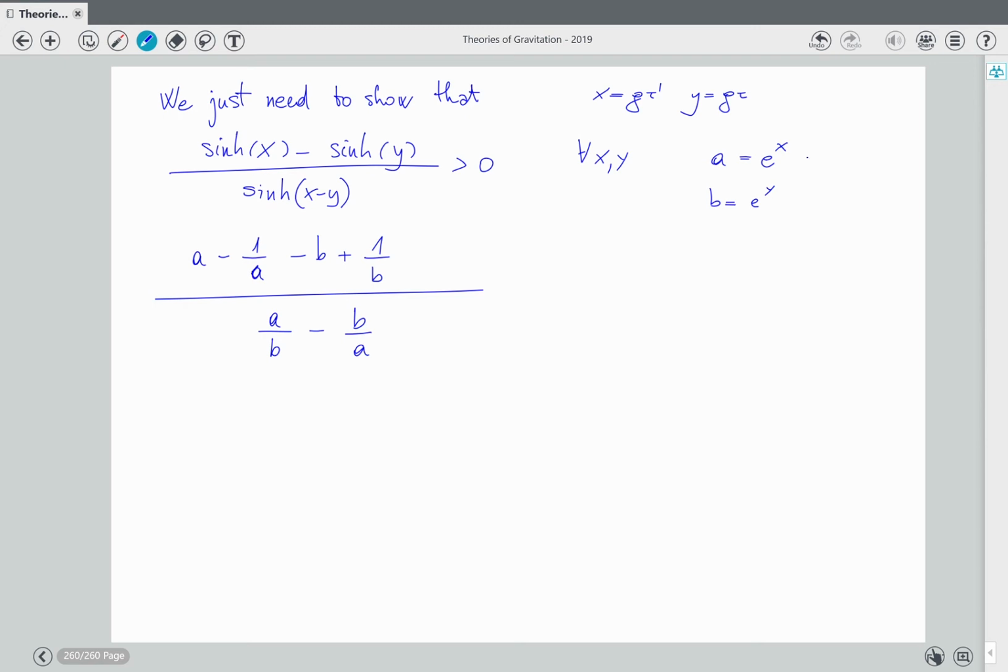Observe that a is always positive, b is always positive.